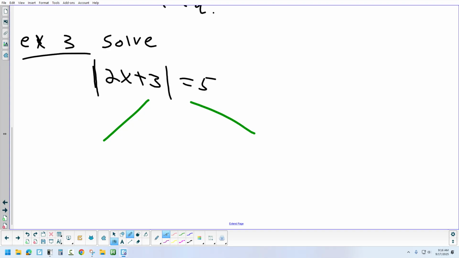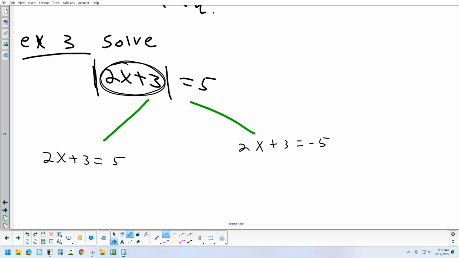Marcel? 2x plus 3 equals 5. Yeah, either this has to come out to 5, or what's the other equation I would set up to solve that? Yep. 2x plus 3 equals -5. Or this has to come out to -5. Those are the only two things that it could come out to.